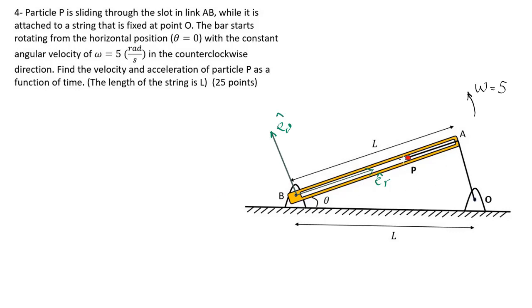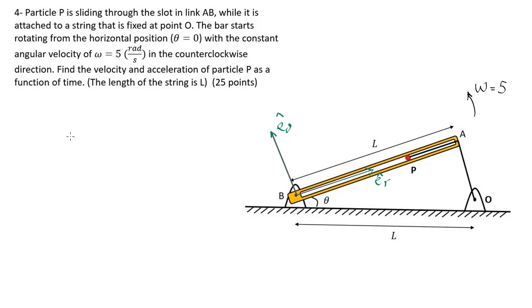So I have to find the position vector of this particle in the polar coordinate system, and once we have that, because we have theta also, we should be able to write down the velocity and acceleration of particle P here.